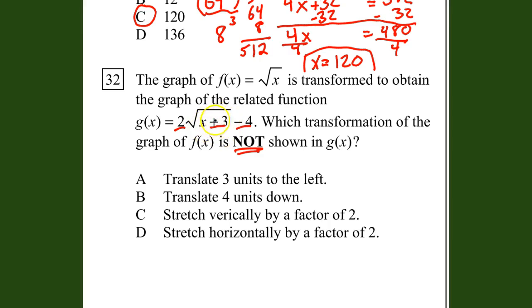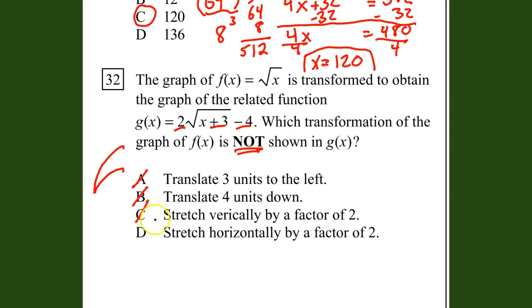So left 3 for a plus 3, so we know it cannot be this. The minus 4 on the outside translates it down, so it cannot be this. The 2 in the front stretches it vertically. So instead of a regular cube root, this is going to be 2 times the cube root. It stretches it vertically. So that's what this is.